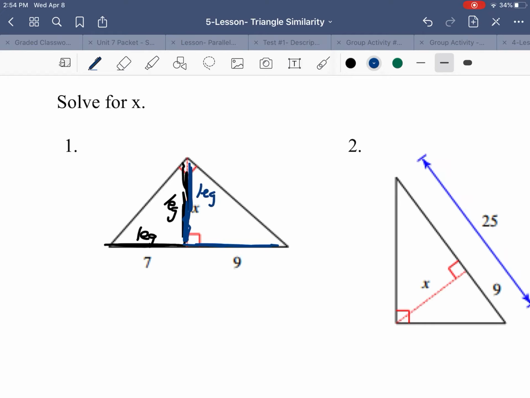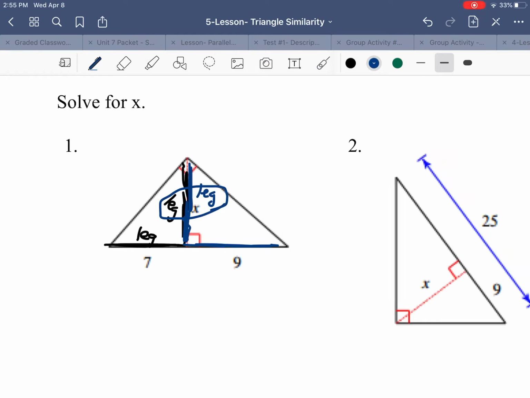So this pair of legs are going to have dual roles. They're the same length of a side, but they are parts of two different triangles.